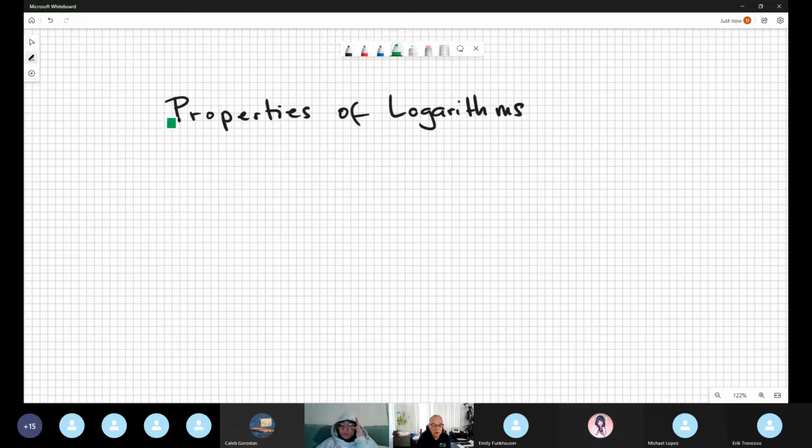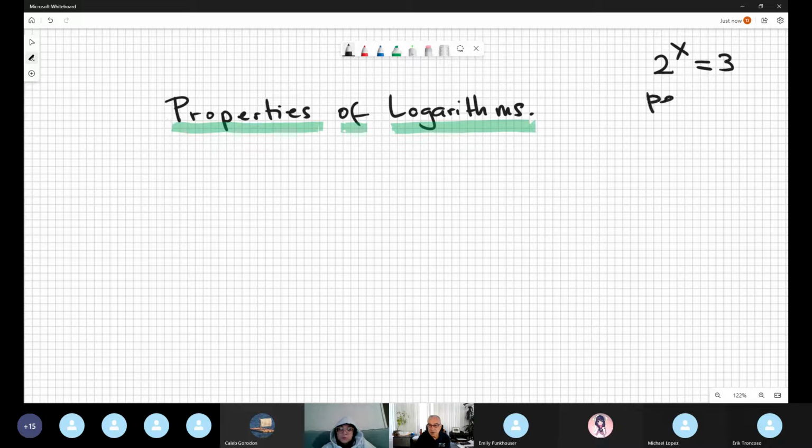You remember that we have pending one equation that we cannot solve. It's the equation 2 to the x equals 3. It's pending, because I have no mathematical tools to face this equation. That is the reason that we deviate to the logarithmic function. Now, this is pending. We solve it in a few minutes.